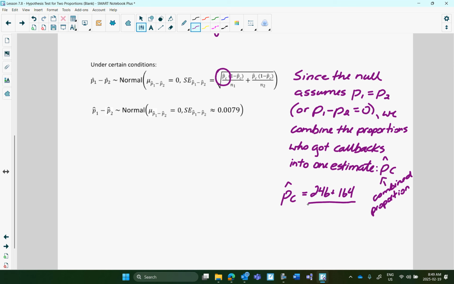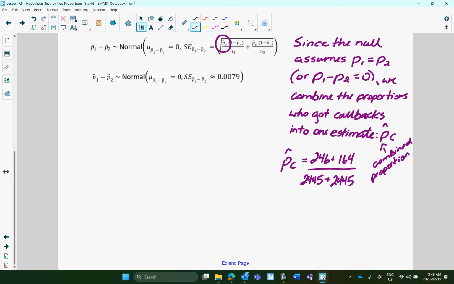And remember, it was 2445 for each. That's how we find p hat combined. So when we do this, we're going to get approximately 0.084. That's the combined proportion who received callbacks.